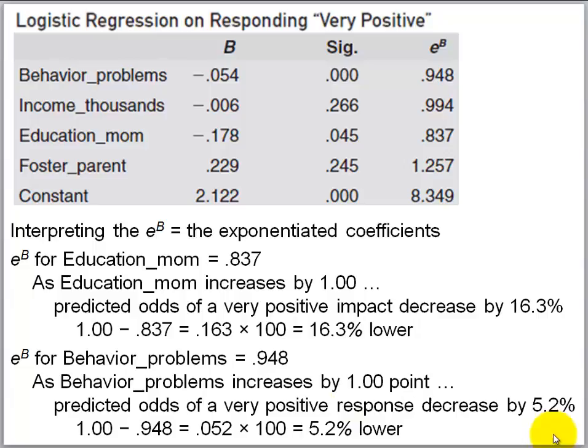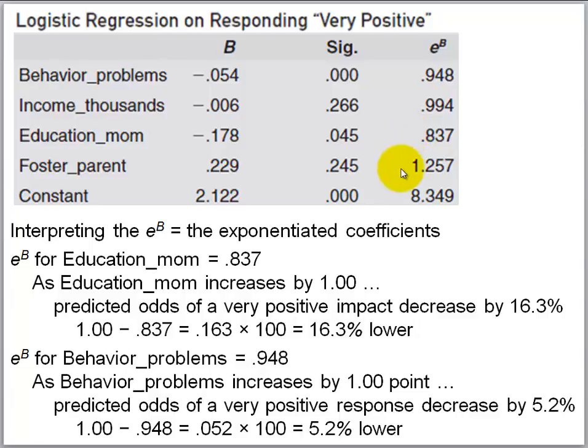One final point I don't know if I mentioned. Whenever the EB coefficient is greater than 1, that is conveying an increase in the odds as the predictor increases. So, for instance, the EB coefficient for education mom is less than 1. So this is conveying that, controlling for other predictors, as mom's education increases, odds of very positive impact go down.